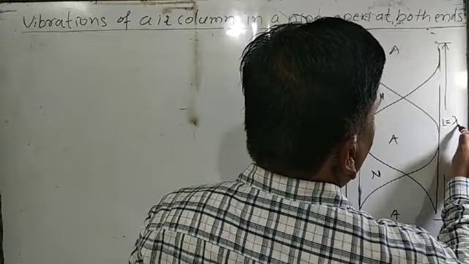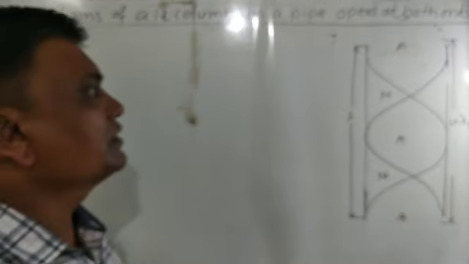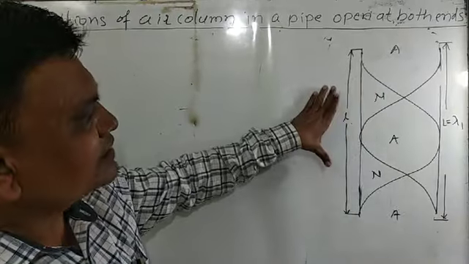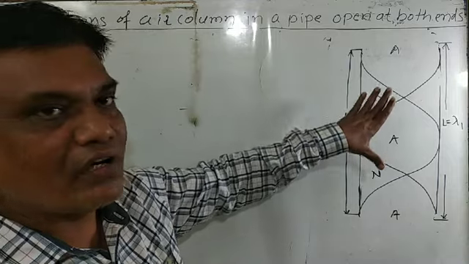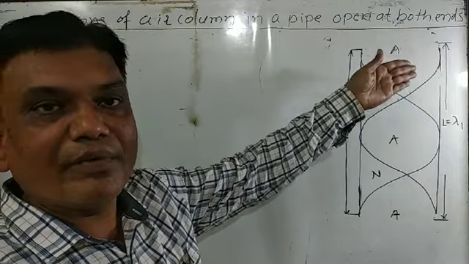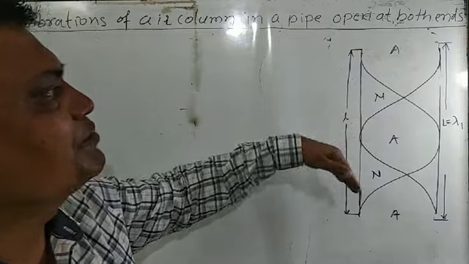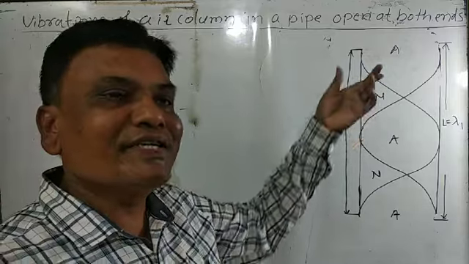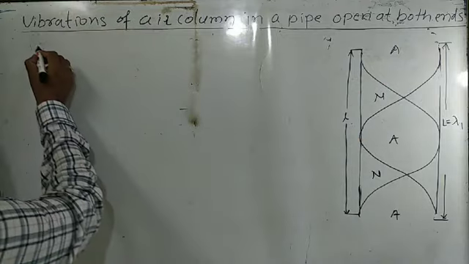And L equal to lambda 1. Why? Because in this mode the same length of air column vibrates in another mode of vibration, that's why its frequency and wavelength will be changed.